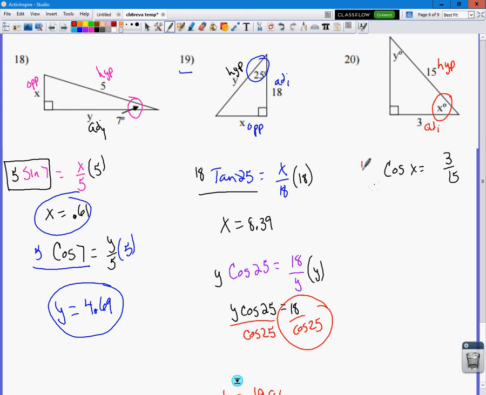The opposite of the cosine of x is the inverse cosine. This is what's going to get keyed into the calculator, giving me x is equal to, and if I take the inverse cosine of 3 divided by 15, I get x is equal to 78 degrees.